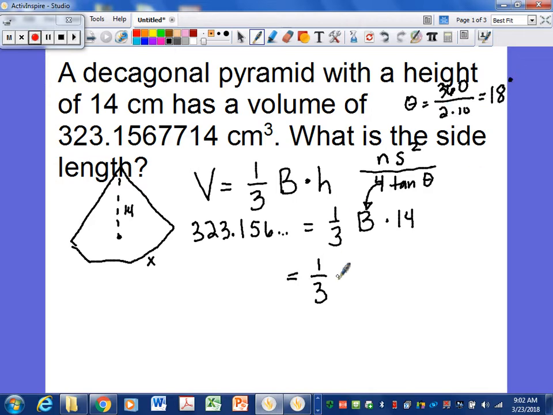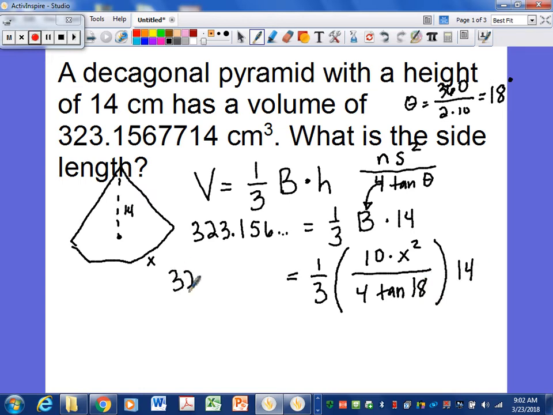So that's the formula that I'm going to put in here for the area of my base. 10 is the number of sides. I called my side length x, over 4 times the tangent of 18, times the height of 14 equals this volume.